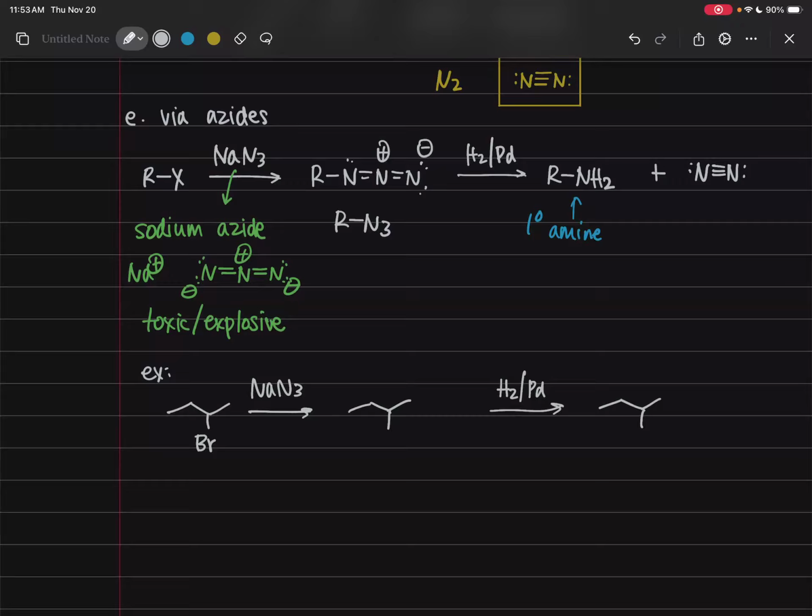So sodium azide replaces the halogen with an N3 group, which you could draw out if you wanted, but I'll just call it N3. And then we hydrogenate with hydrogen and palladium, and that reduces the N3 to an NH2. Do you still keep the extra nitrogen? Yeah, sure, if you want.